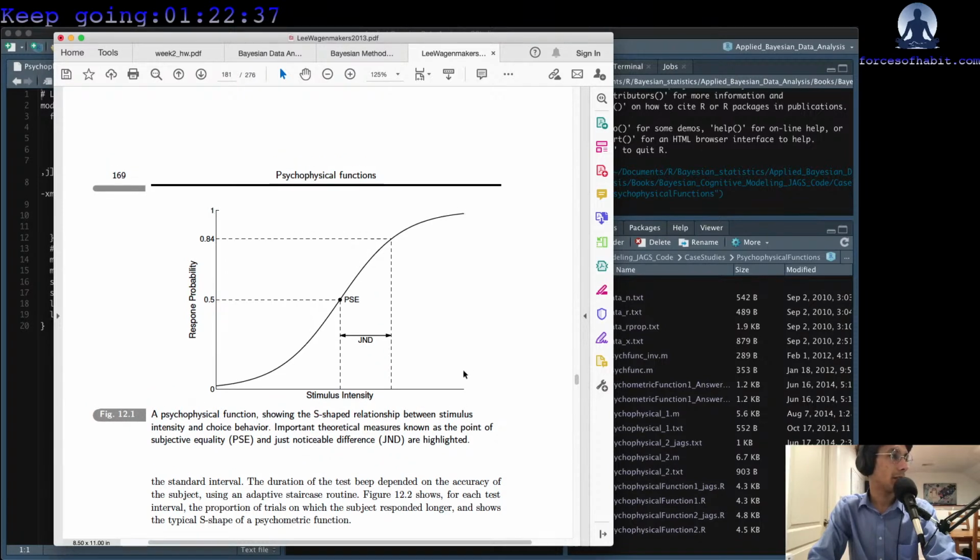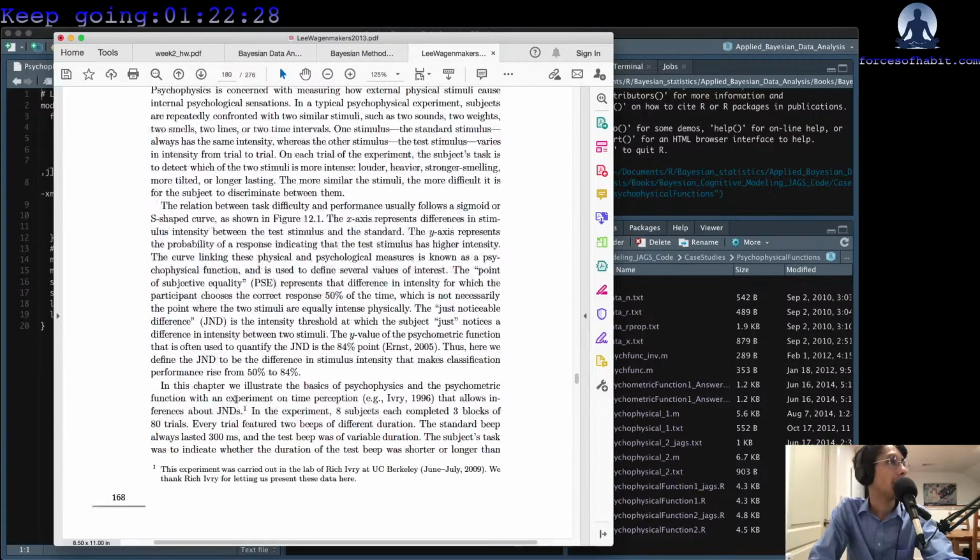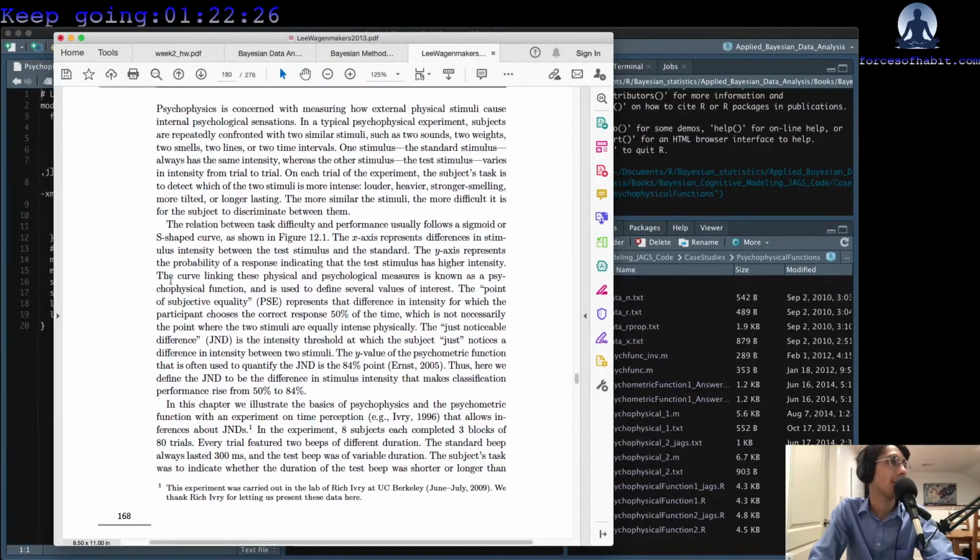And this stimulus intensity is a reference characteristic where 0 represents no difference from the comparison.